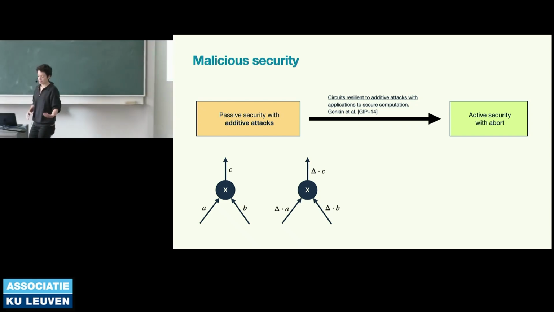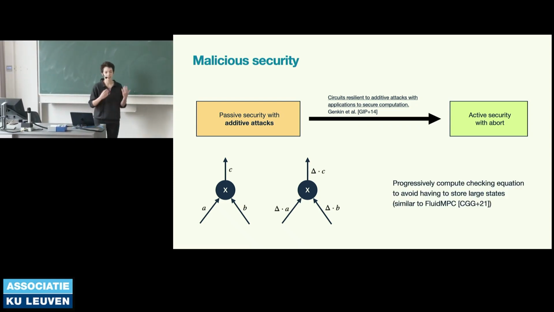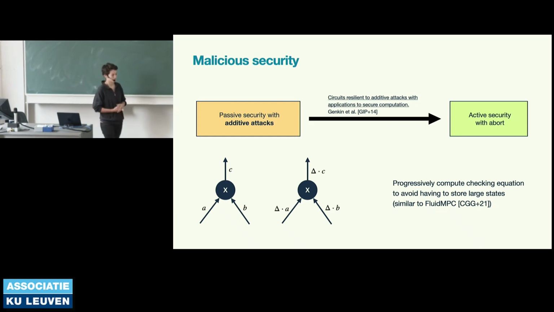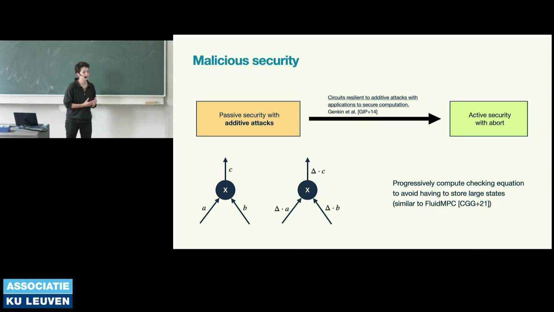And so when we run these two circuits in parallel, at the end there will be this checking equation that will tell us if there was some additive error added or not. And the way we calculate this checking equation is quite similar to what is done in the fluid MPC work. So instead of computing the full equation at the end of the protocol, we compute it step by step, because this will prevent us from having to store very large states.